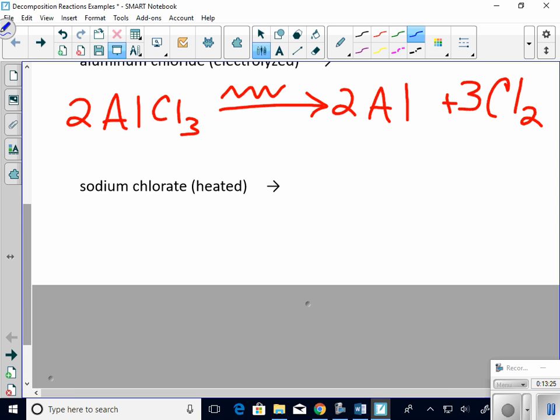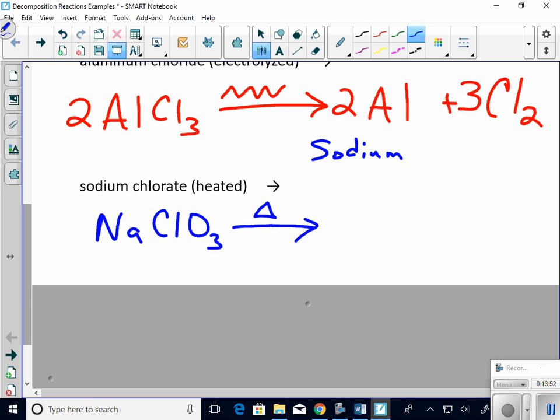So I write out my metal chlorate. I heat it. What's my metal chloride? Well, what's my metal? Sodium, so it's going to be sodium chloride.